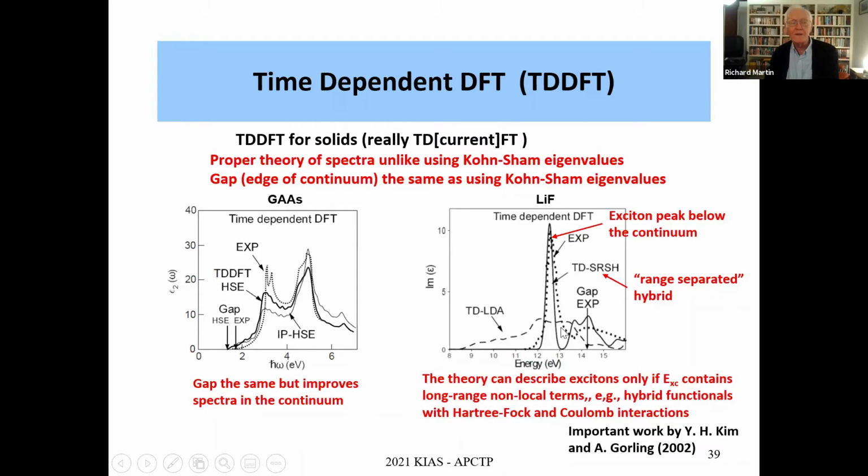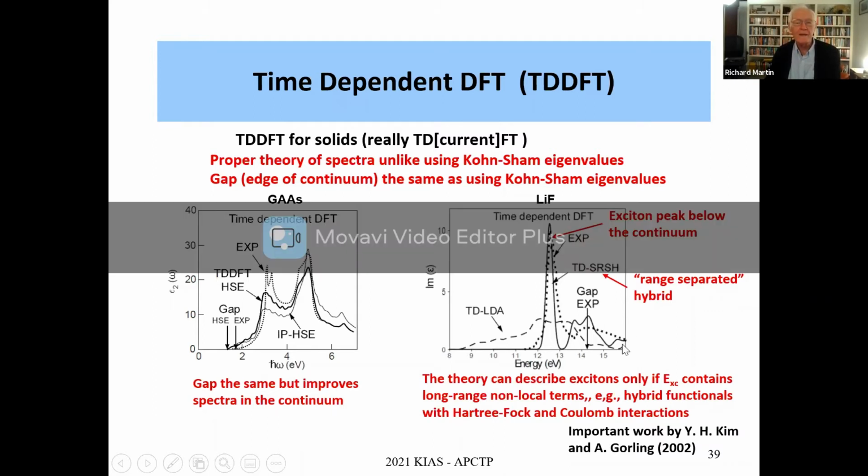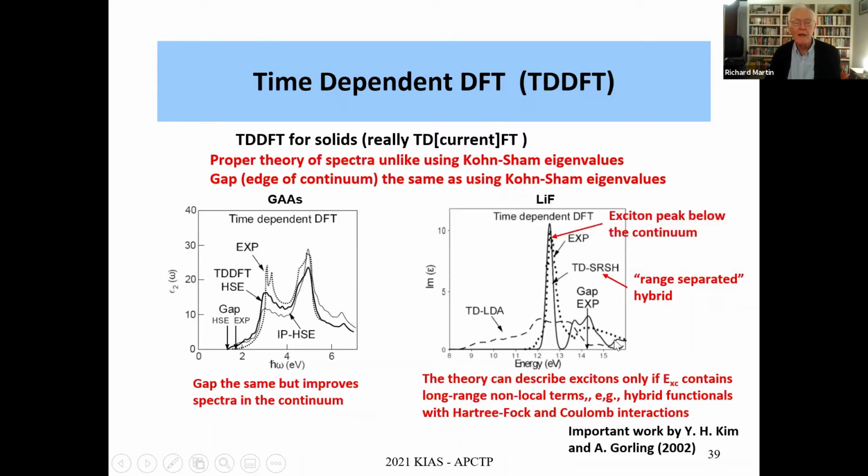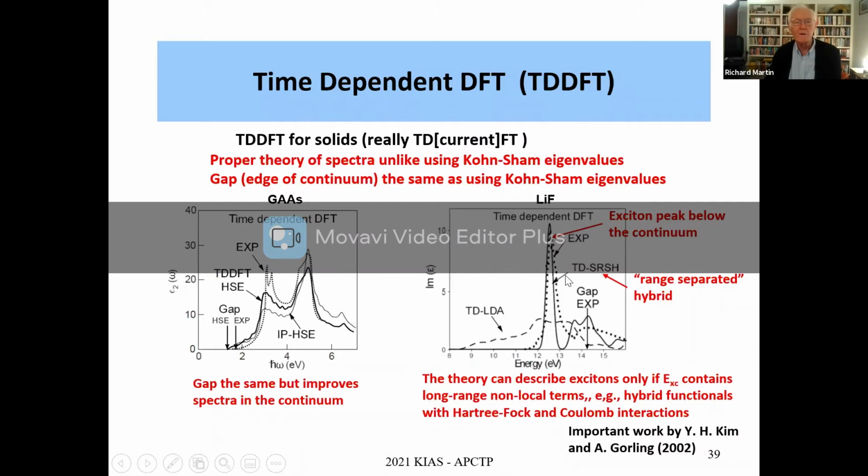and it turns out that there's some recent work that has made it very possible to use the standard machinery nowadays with hybrid functionals, but only if they contain some long-range terms, to do straightforward calculations that include things like the excitons in solids.